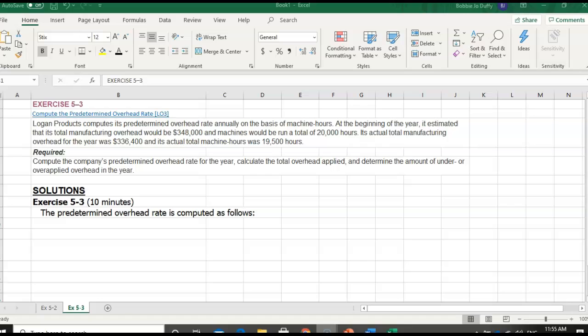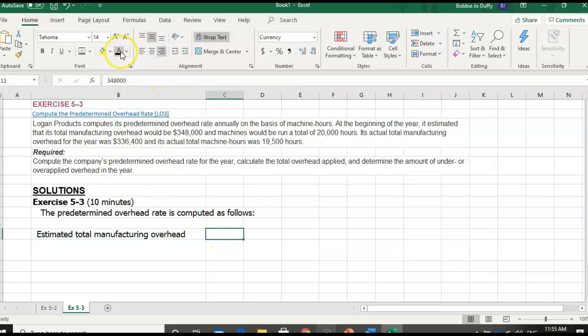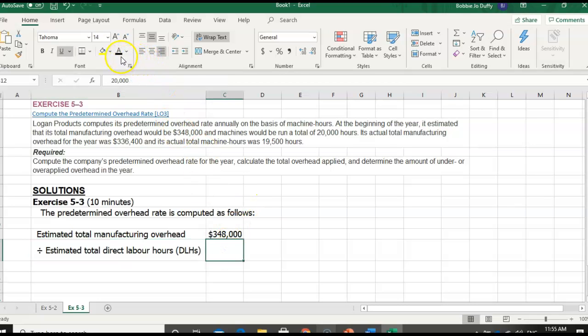So to start with the predetermined overhead rate, we start with our little formula, right? So we're looking at our estimated total manufacturing overhead was $348,000. We divide that by our estimated total machine hours, and we have 20,000.